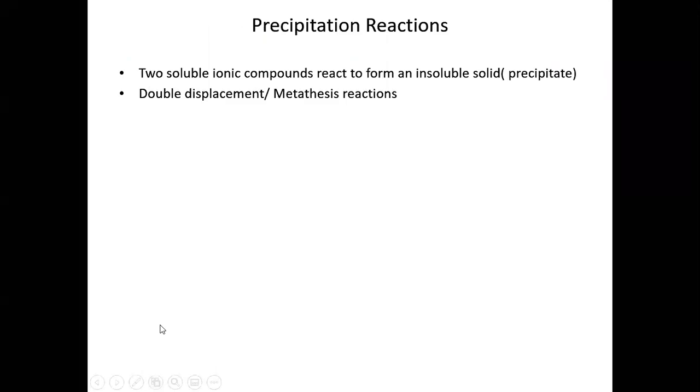So in the next lecture, we'll be looking at a specific class of reactions called precipitation reactions, and we'll be using the net ionic equations to write the resulting reactions. Precipitation reactions require some specific criteria.